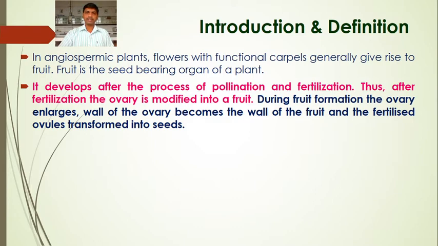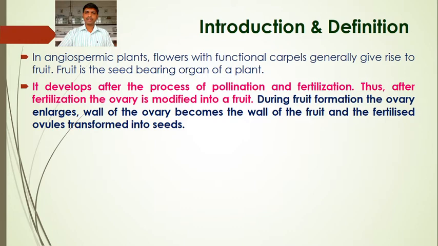During fruit formation the ovary enlarges, the wall of the ovary becomes the wall of the fruit, and the fertilized ovules transform into the seeds. At the final stage the seeds are formed inside a protective wall that we call the fruit. So fruit is the seed bearing organ of a plant that has developed from the ovary.